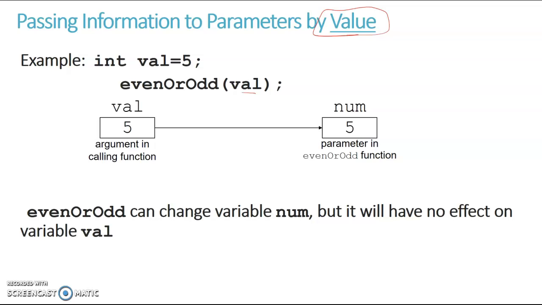I can use that value in the body, but it will have no effect on the actual val stored in memory when I pass by value. I can't actually change it. I can change it in the main function, but the function called, evenOrOdd, cannot actually physically change what is stored in the variable val.